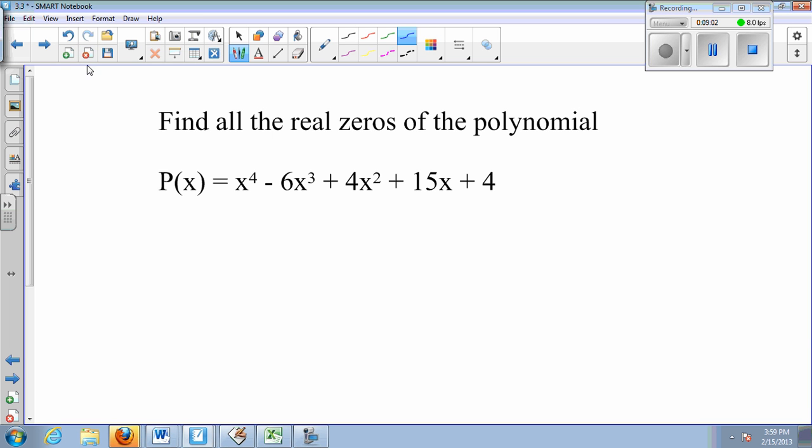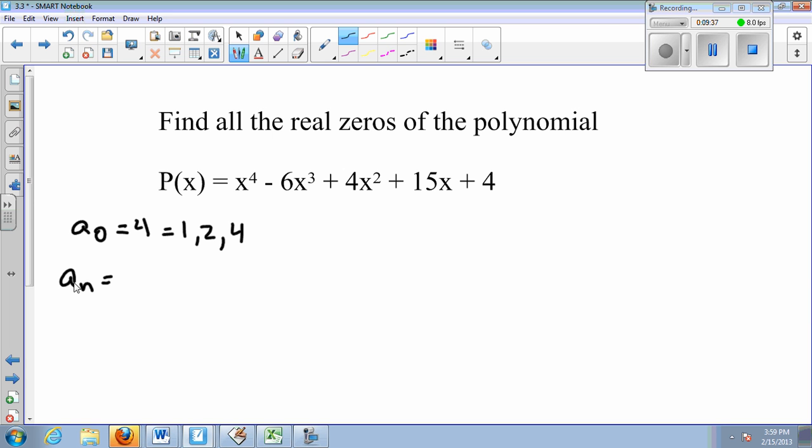So let's do one more where we have to find all the zeros of the polynomial. p of x equals x to the 4th minus 6x to the 3rd plus 4x squared plus 15x plus 4. So possible solutions. A sub 0 is 4, which is 1, 2, and 4 for its factors.